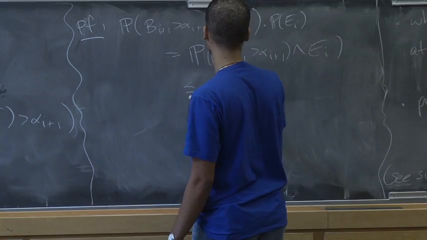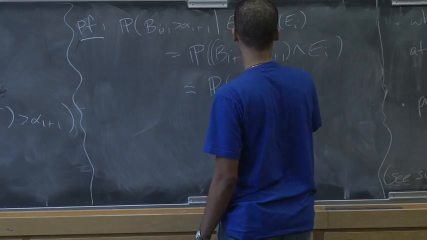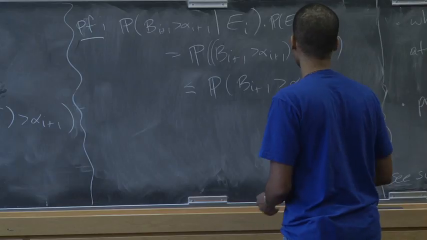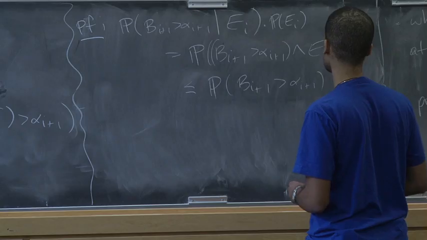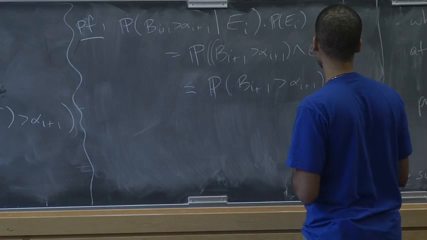Which is at most the probability that b_{i+1} is greater than alpha_{i+1}. Sorry, let me write this again. Okay, so actually, this is not how I want to say it.